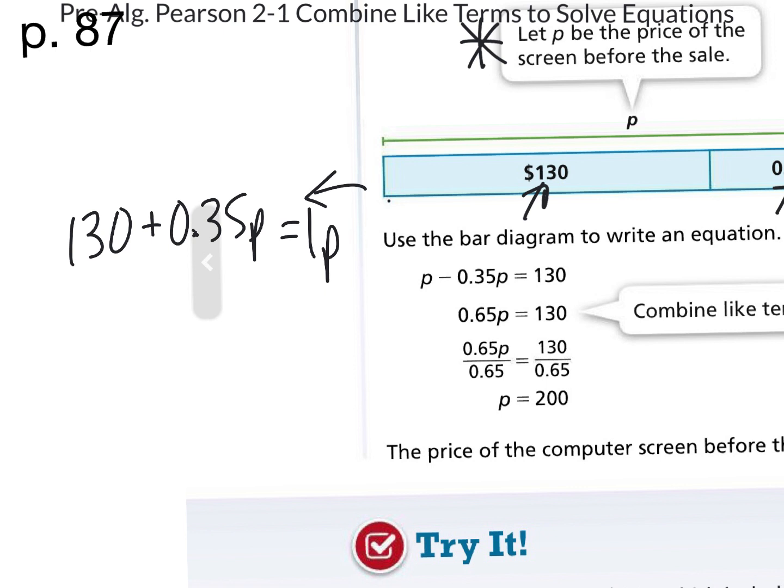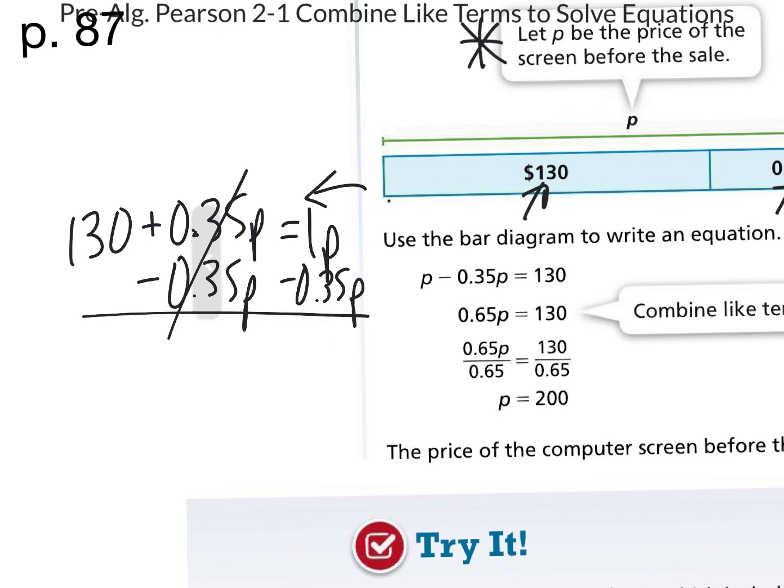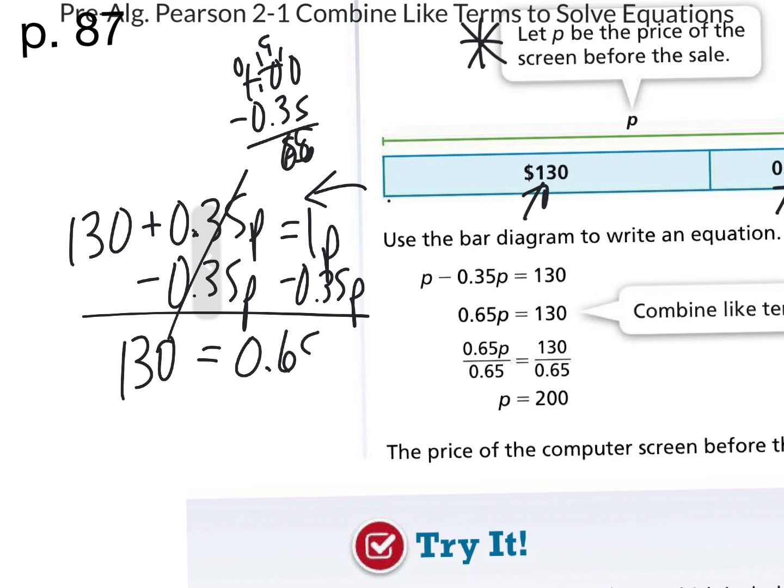And then to solve that, you could subtract 0.35p on both sides. When you do this, 1 minus 0.35, you'd have to line up your decimal points. And that would be 0.65p.